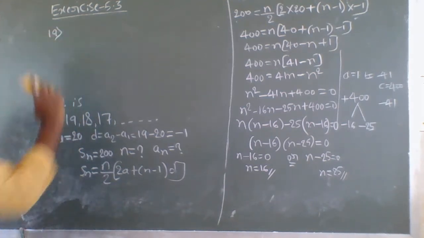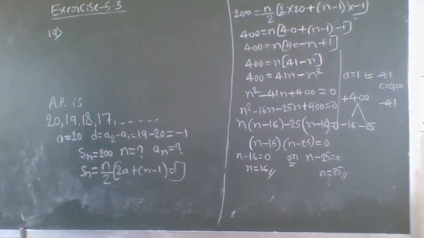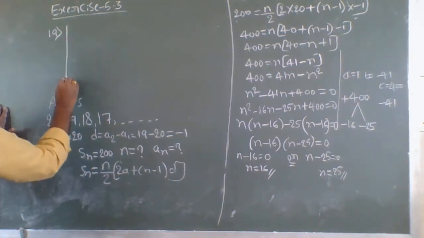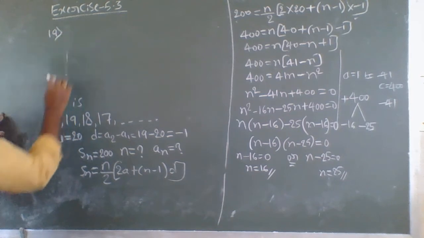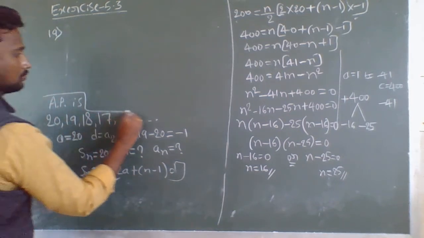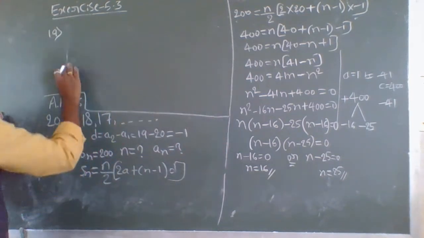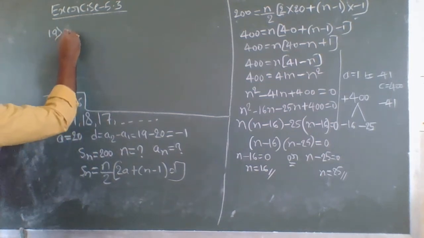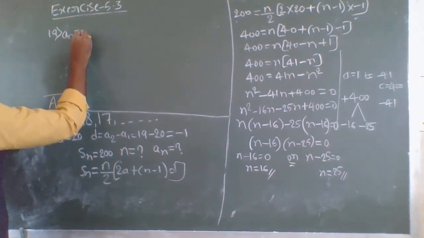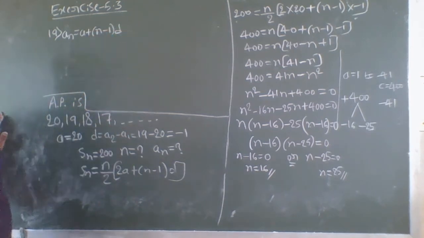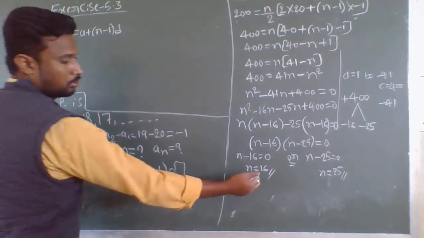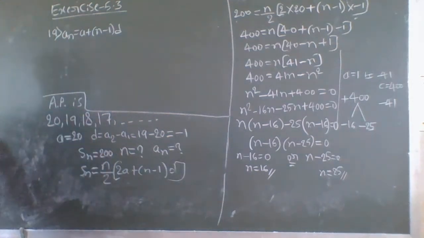So here I will write it. Now we got the n values. We can calculate the an value. an is equal to a plus n minus 1 into d. By using both these n values, I will calculate the an value.